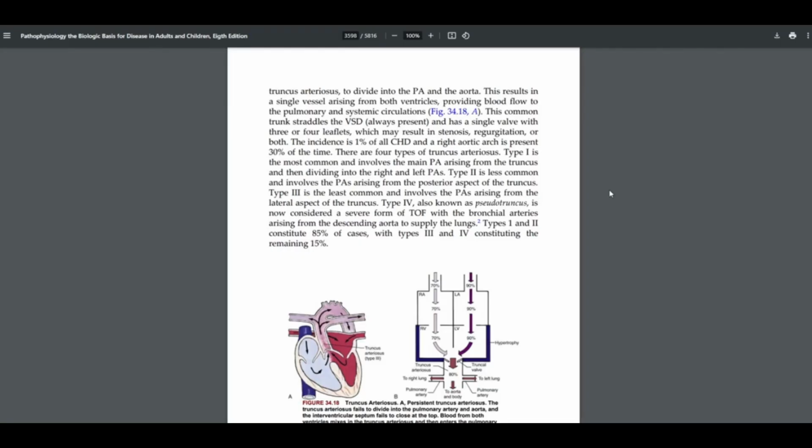And type 3, the least common, involves the pulmonary arteries arising from the lateral aspects of the truncus. Type 4, also known as pseudotruncus, is now considered a severe form of the tetralogy of Fallot, with the bronchial arteries arising from the descending aorta to supply the lungs. Type 1 and 2 constitute 85%, while type 3 and 4 constitute the remaining 15%.